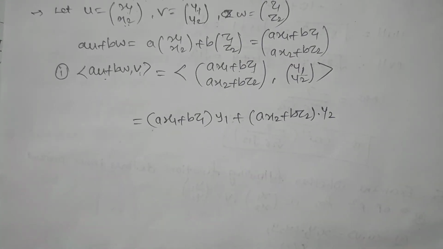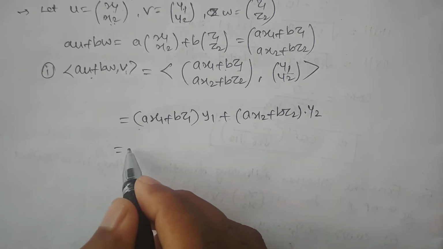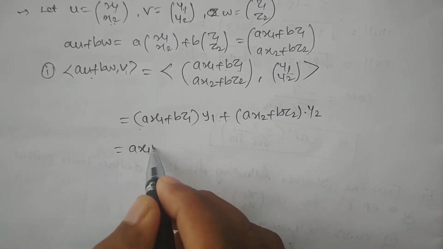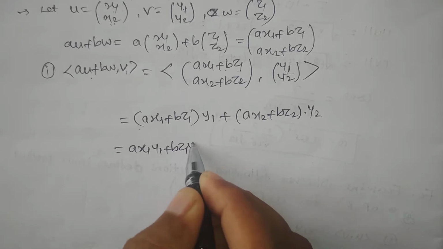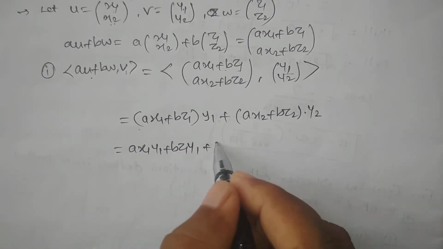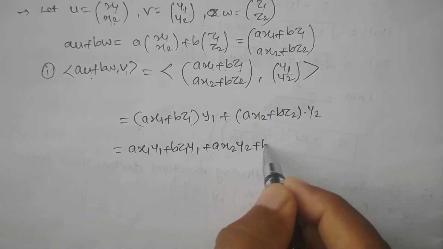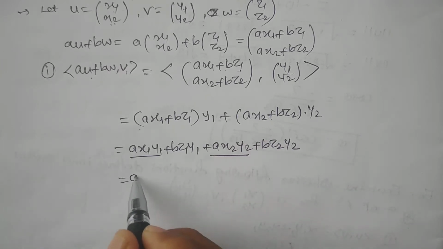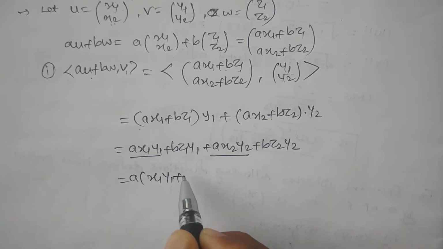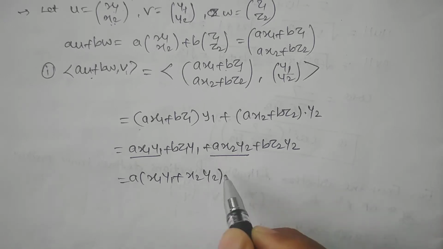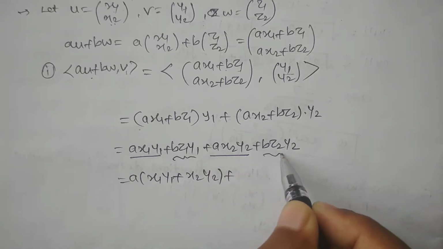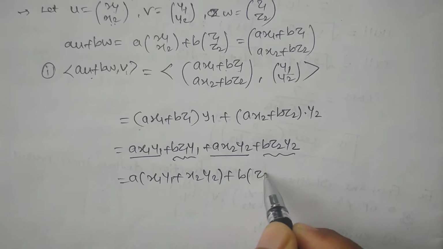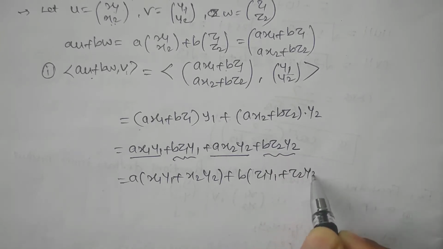Simplifying this, we will get ax1 y1 plus bz1 y1 plus ax2 y2 plus bz2 y2. Taking a common, we get a into x1 y1 plus x2 y2. Taking b common from the other two terms, we get z1 y1 plus z2 y2.